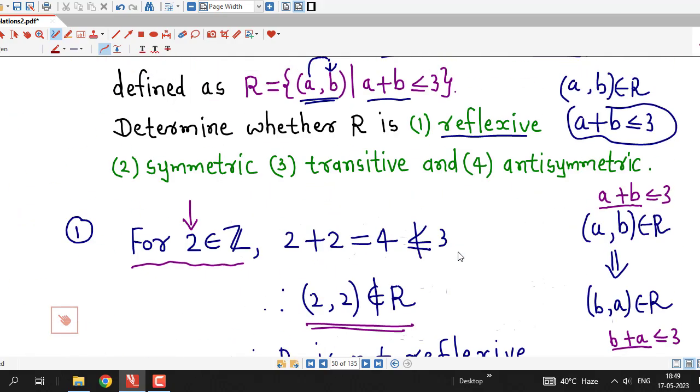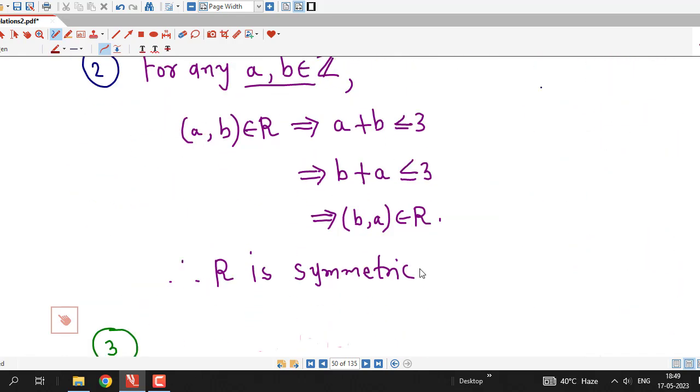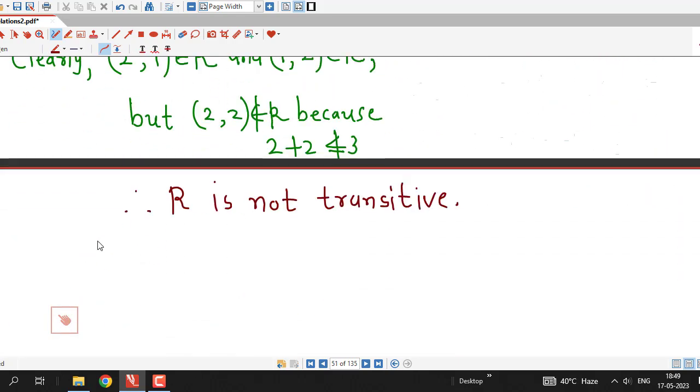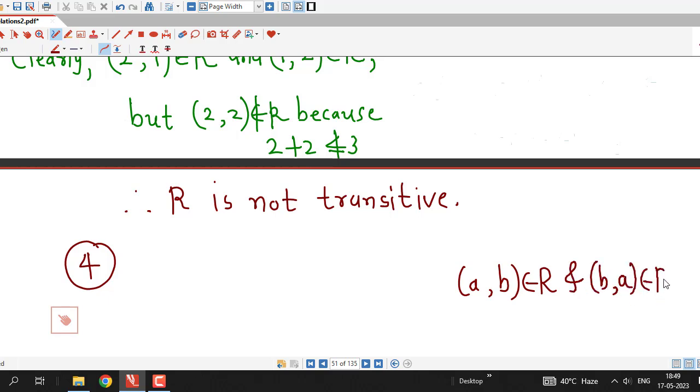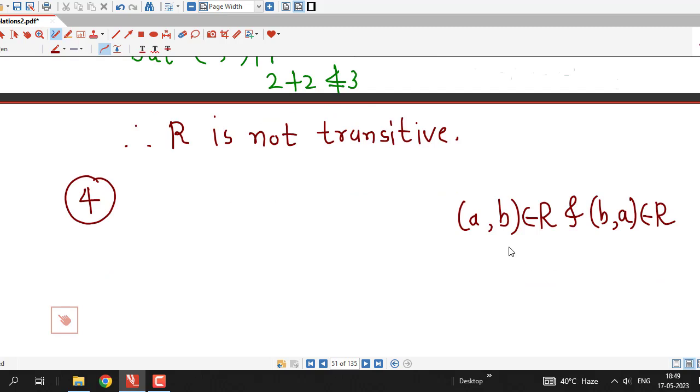Next property is antisymmetry. So for antisymmetry, we have to prove that whenever (a, b) belongs to R and (b, a) belongs to R, then a and b must be equal. If (a, b) belongs to R and (b, a) belongs to R implies a equal to b, then the relation is antisymmetric.